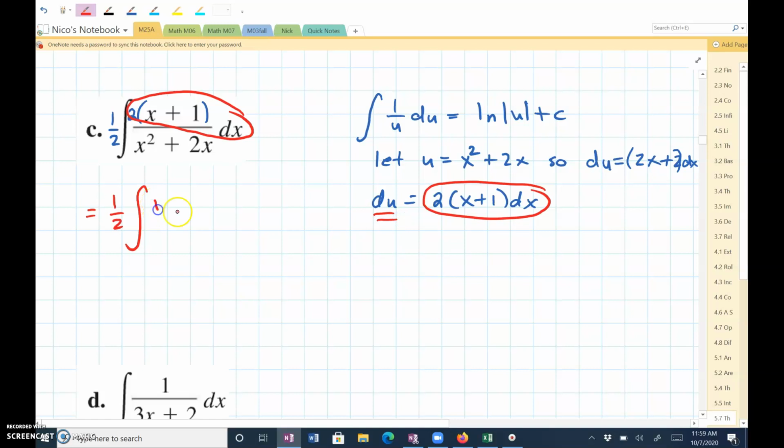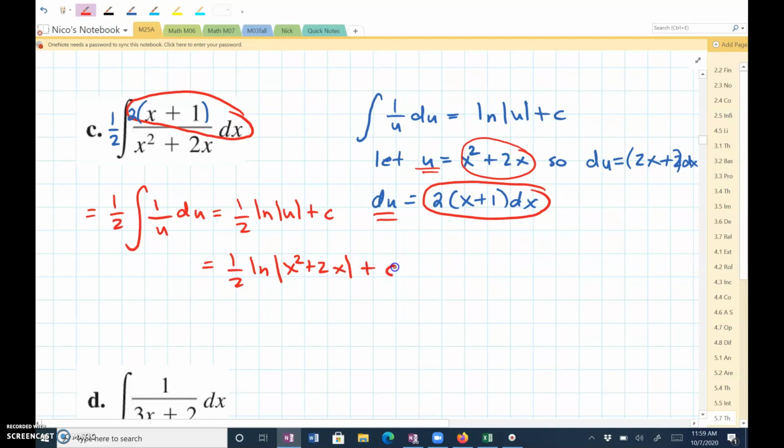I'm going to make this 1 du all over x squared plus 2x. That's equal to my u. So then I'm going to have 1/2 times the natural log of the absolute value of u plus c. And then again, don't forget to substitute u back in, which is x squared plus 2x plus c.